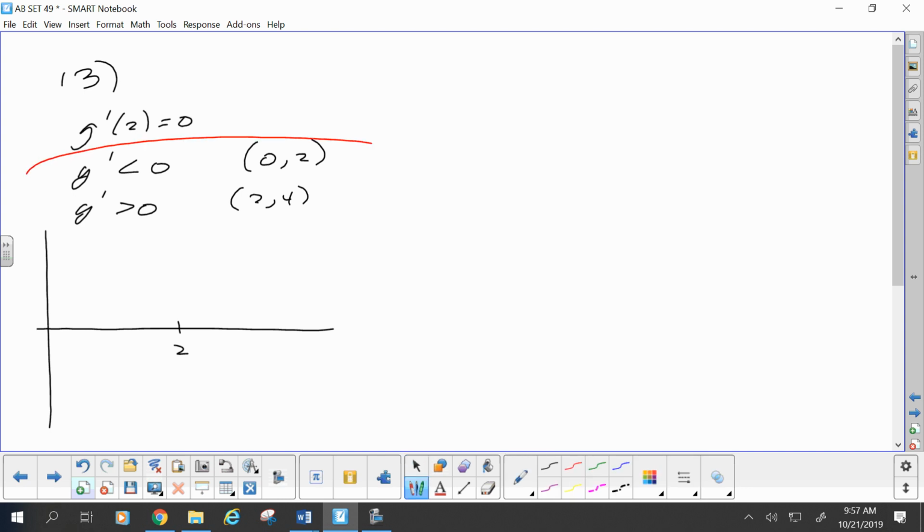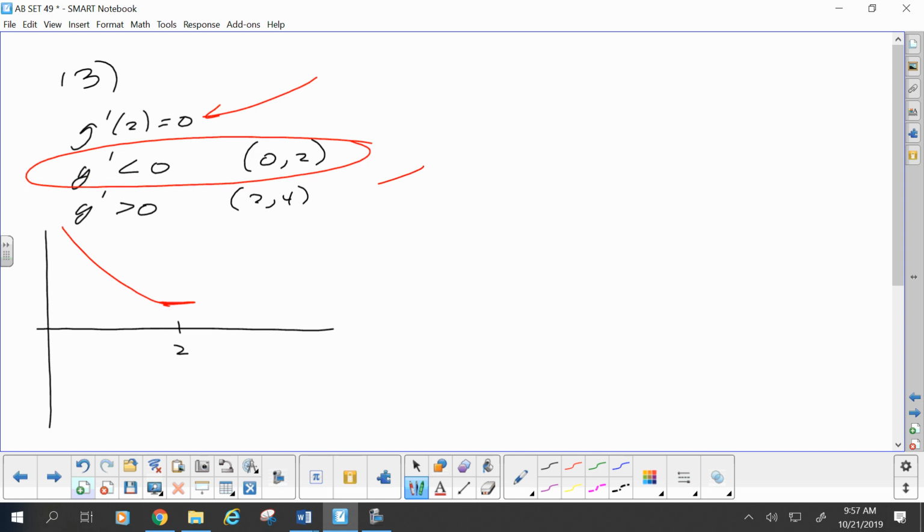What do you know about what's going on before 2? If the first derivative is negative, the graph is decreasing. So you should be decreasing up to 2. What does this mean about what's going on at 2? It's flat.